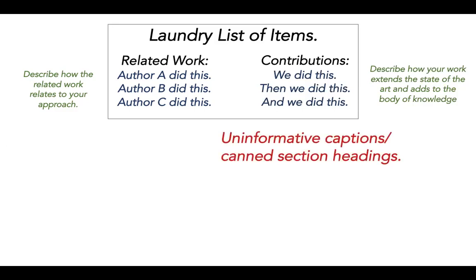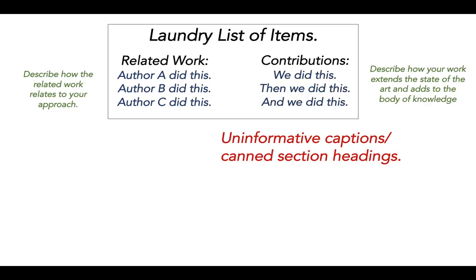Similarly, it is also common to find that people make use of uninformative figure captions and table captions. They would just have canned section headings, in the sense that, for a journal paper, you would have an introduction, you would have related work, you would have some methodology, you would have some results, and then you would have conclusions.